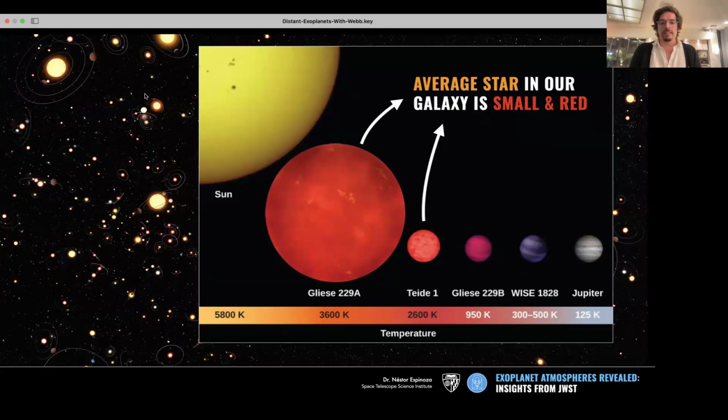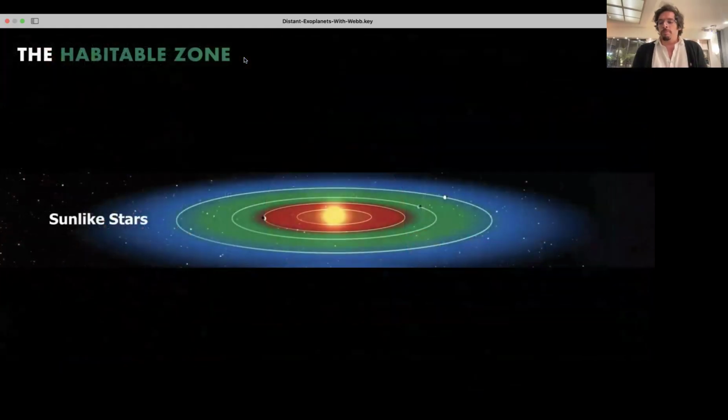The sun, as you're seeing here, has on the order of 5,700 kelvins, but the small stars have about half of that temperature. And we actually know that the average planet basically lives around this kind of star too. This also provides an opportunity for us to explore what we call the habitable zones of these stars.